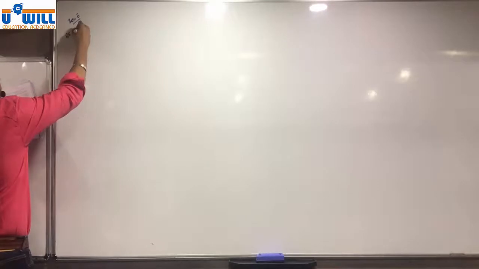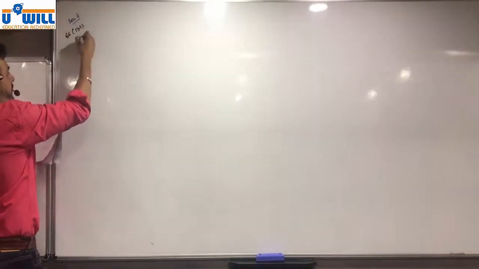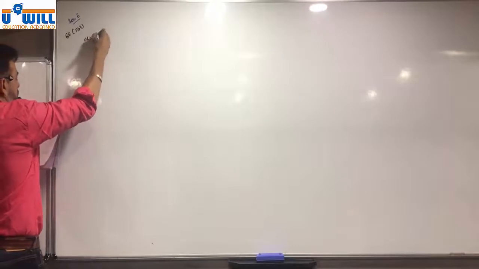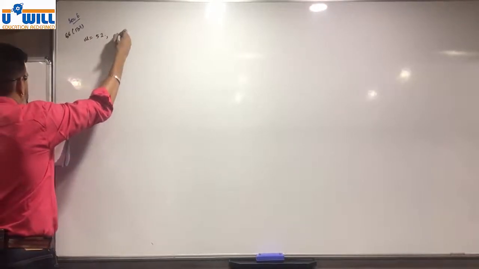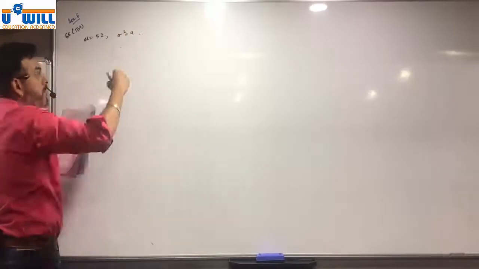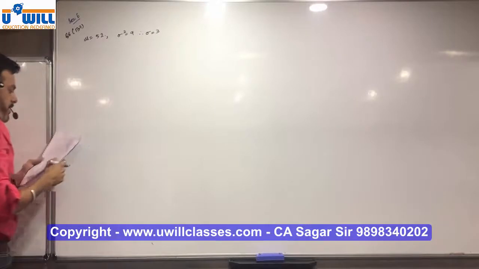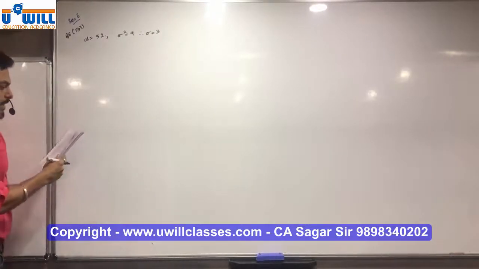Page number 137. 52 electronic units are sold every week on an average. So mu is equal to 52. Sigma square, variance, is equal to 9. Therefore, sigma is equal to 3. Now, what else is given?